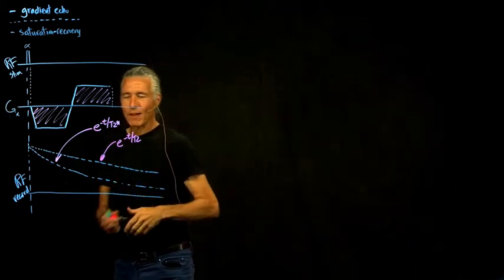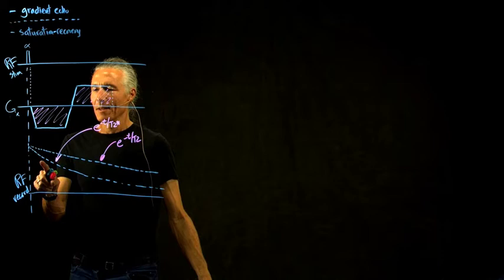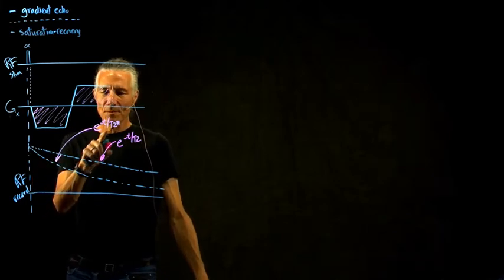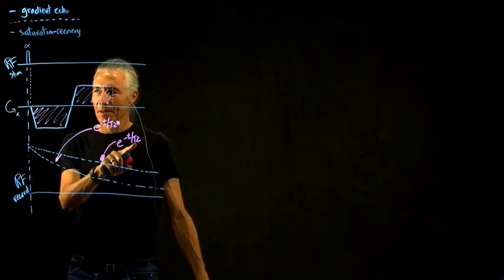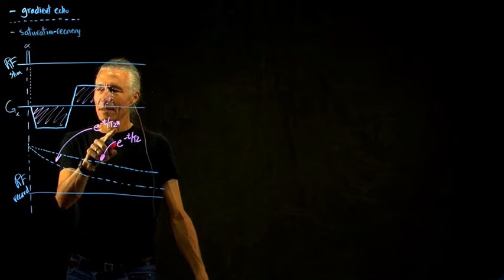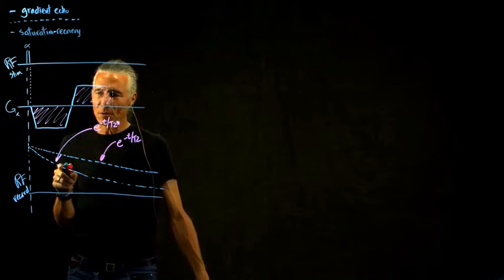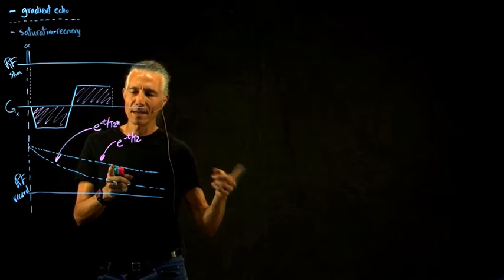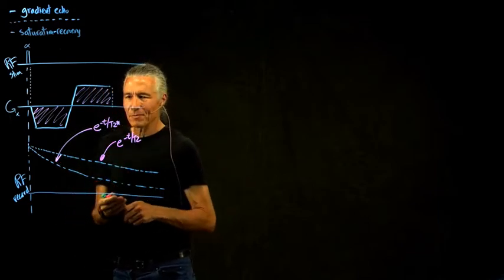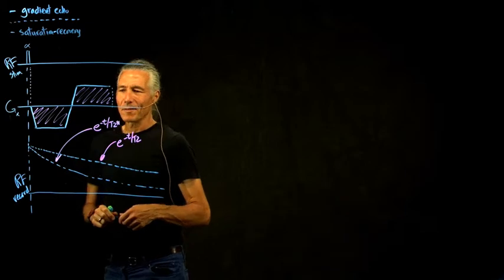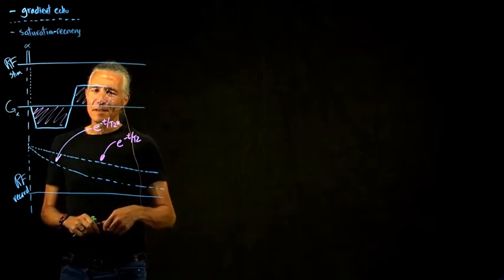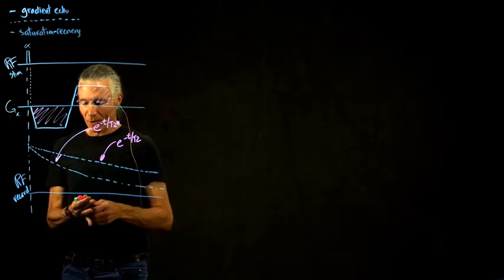But now we've got 3 things going on. We've got the regular T2 decay, and then we have extra star decay because even without the gradient on, there are slight differences in the magnetic field. And then we have T2 star decay because we turn the gradient on.